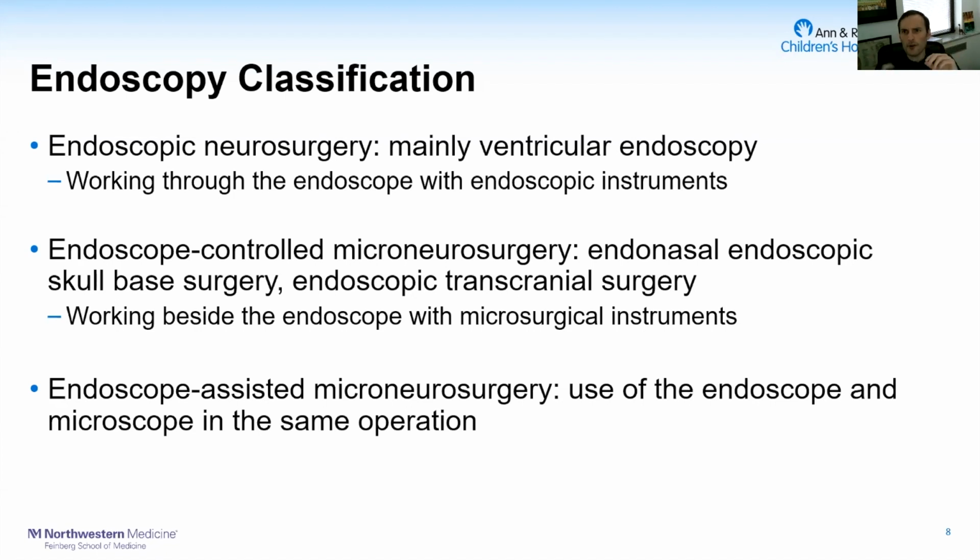So these are important when you discuss the type of surgery you'll be doing. And when you say it's endoscope controlled versus endoscope assisted, what we're talking about is what types of surgeries are going to be performed.